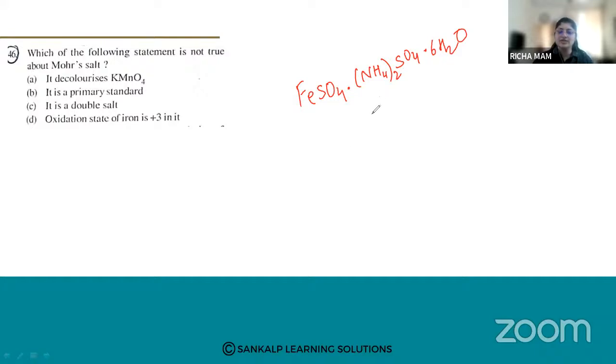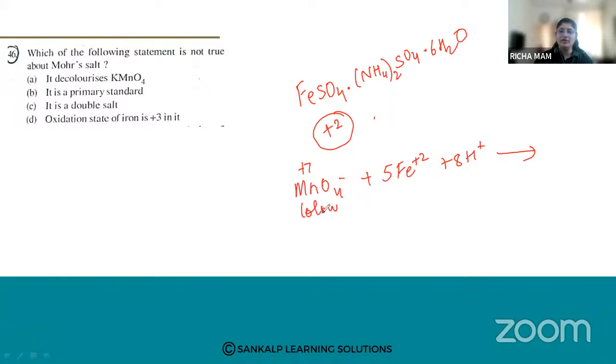So what is the oxidation state of iron in this? The oxidation state of iron is +2. So what happens here? MnO4 minus plus 5Fe plus 2 plus 8H plus. Here the Mn, which is in the +7 state, will be colored.